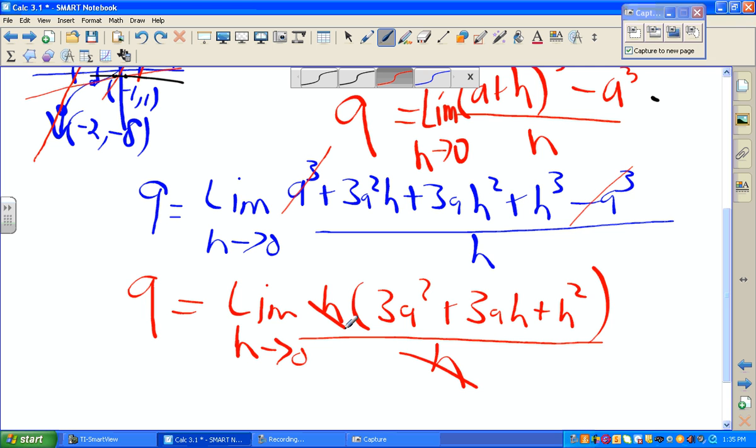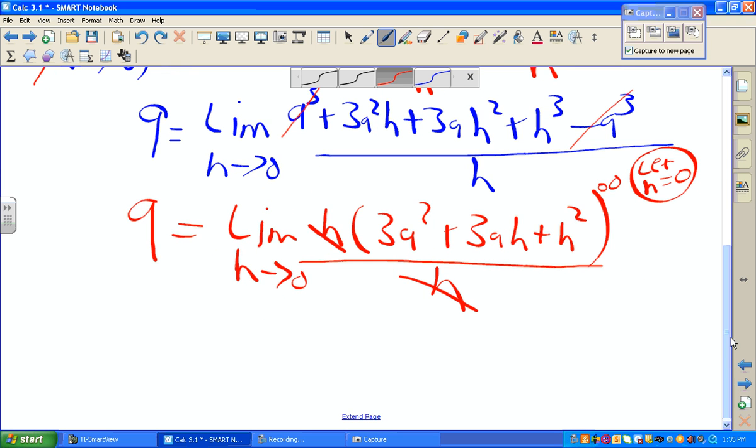Some of you need to make a note to yourself because in the last test you stopped right there. Let h equal 0 before you write your answer. Otherwise, you're going to bring up h's with the a's and you won't know what to do. So 9 equals 3a squared. a squared equals 3. So a equals root 3.